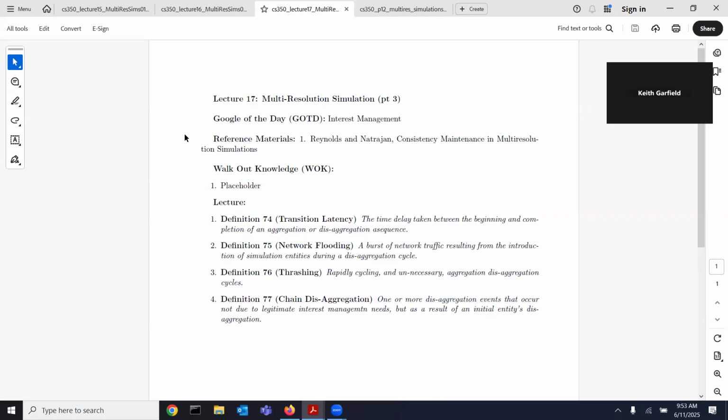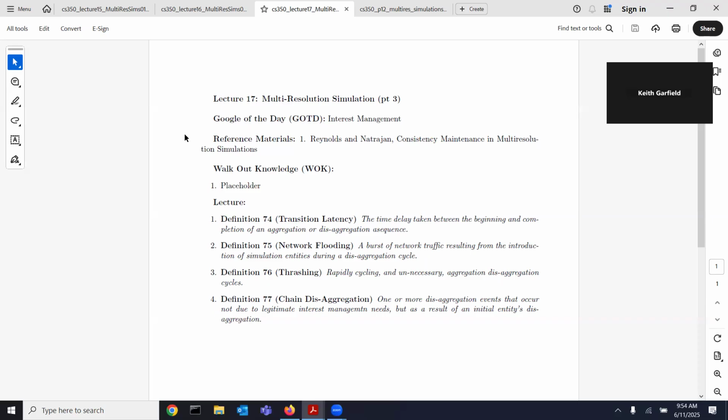Or if it's human in the loop, maybe we can't keep up. And so we have to cheat and do high level and only bring it down to the low level when it's of interest to the human. So aggregation-disaggregation is the solution to that problem. But it introduces new problems.